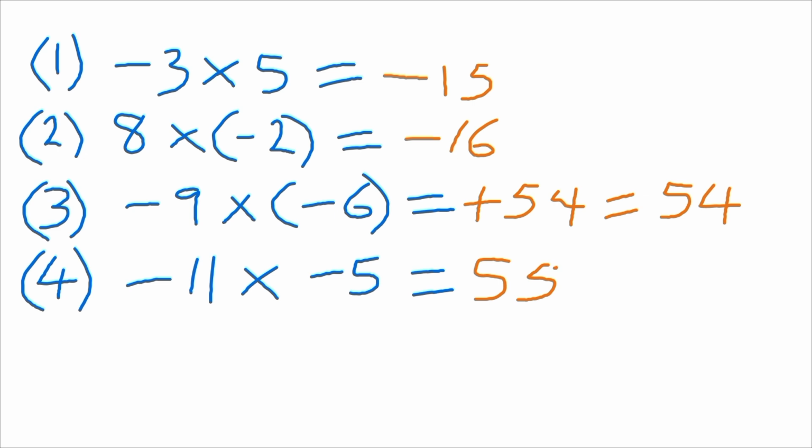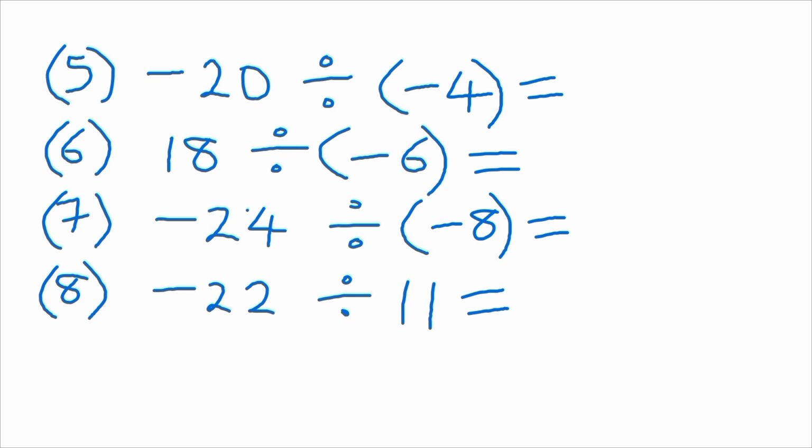Now let's check the last set of questions. Here it says minus 20 divided by minus 4. So in a similar way to multiplication, division too, once the signs are the same, you have a positive answer. But once the signs are different, you have a negative answer. So I have minus 20 here divided by minus 4.